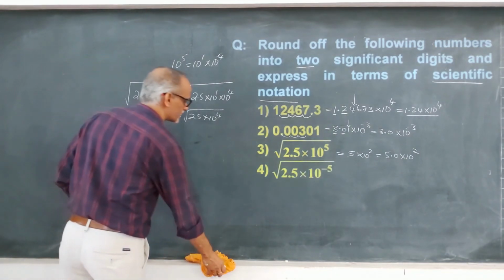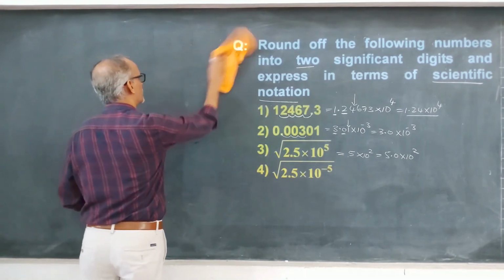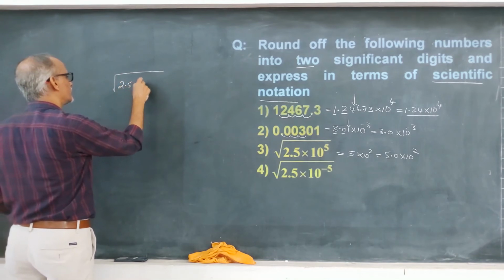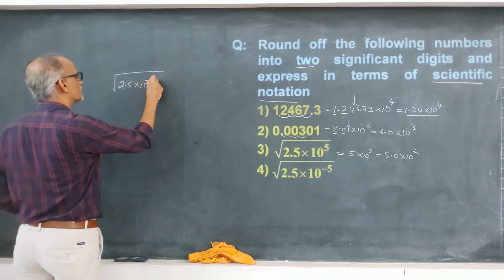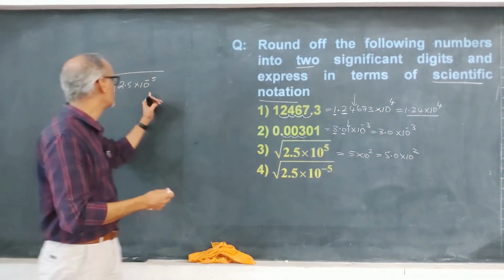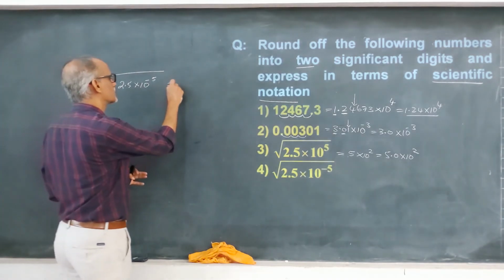Square root of 2.5 into 10 to the power minus 5 now. Minus 5, okay. See how easily, now it's an odd number again, correct? See how we can easily convert this into even.